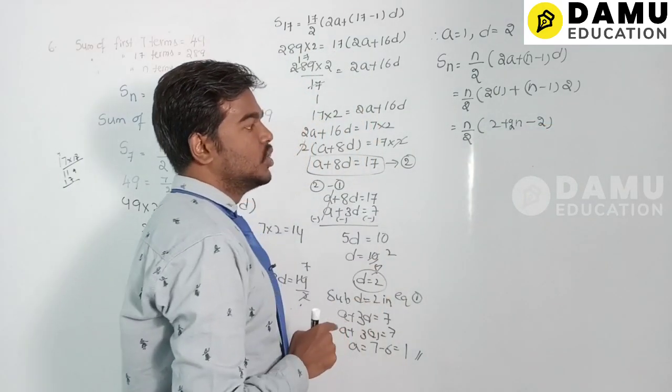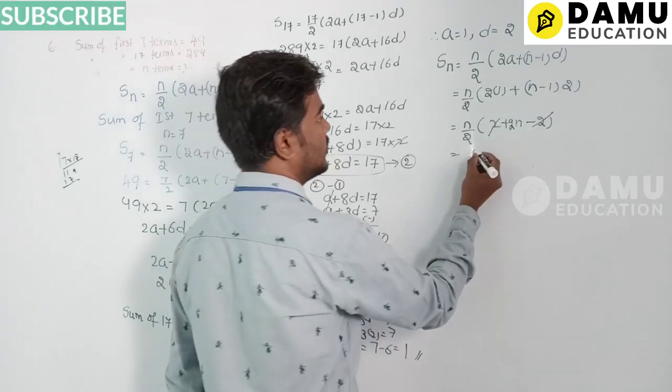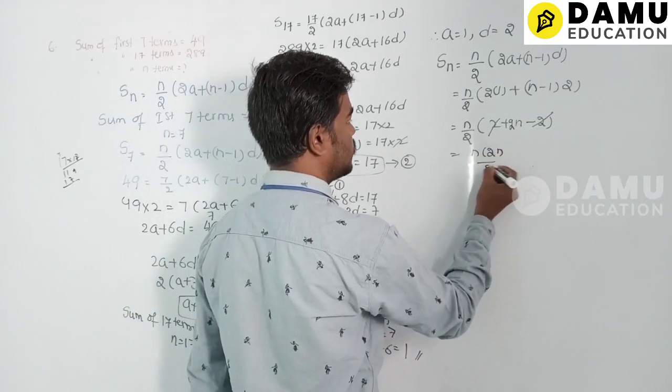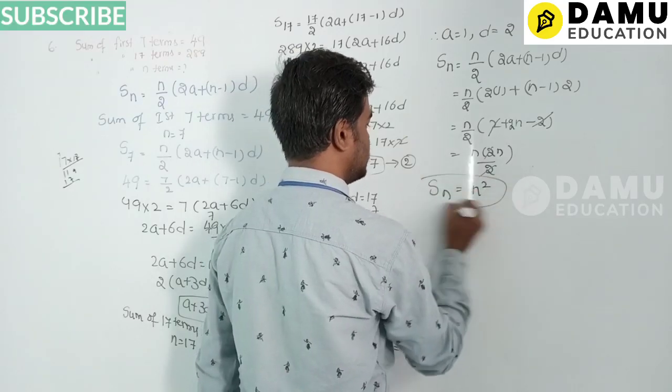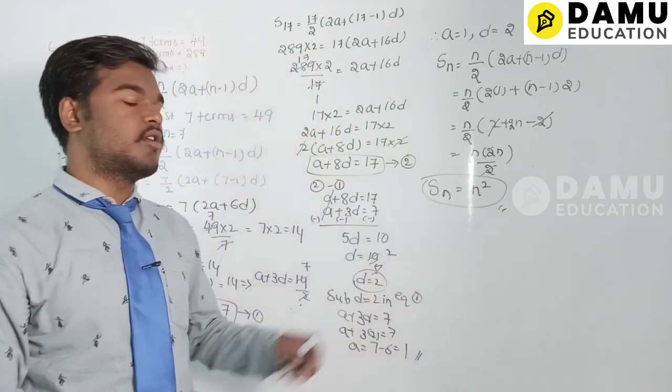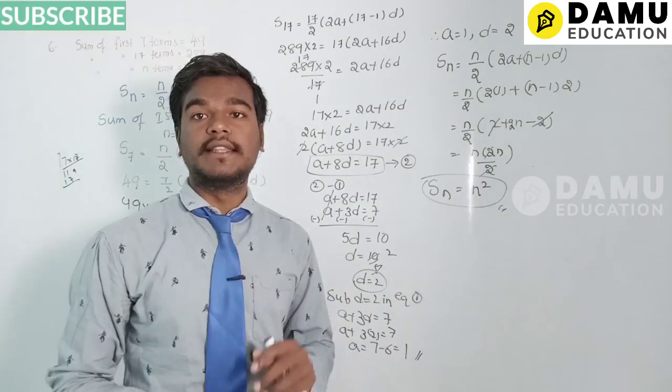Then plus 2 minus 2 will cancel, so n into 2n by 2. The 2 will cancel, giving n square. So the sum of n terms will be equal to n square.